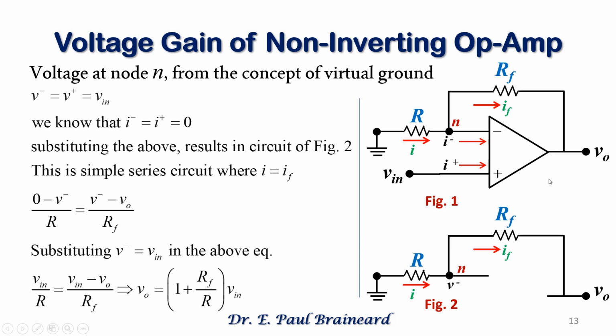Therefore, the output voltage of a non-inverting amplifier without any input resistors is V naught equal to 1 plus R_F divided by R into V in, the input voltage just before the op-amp.